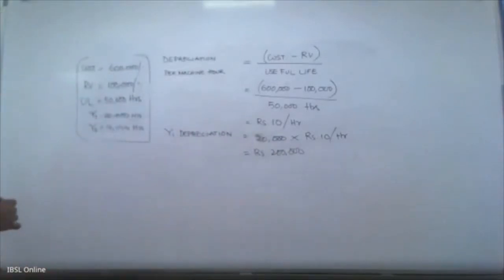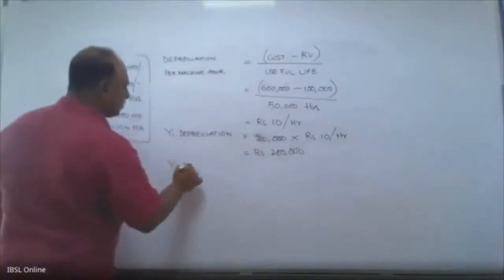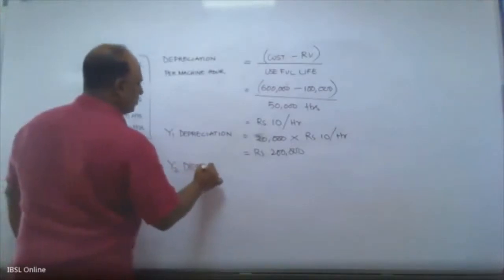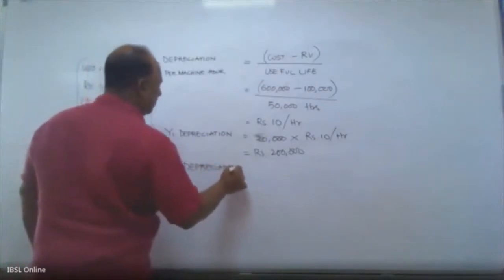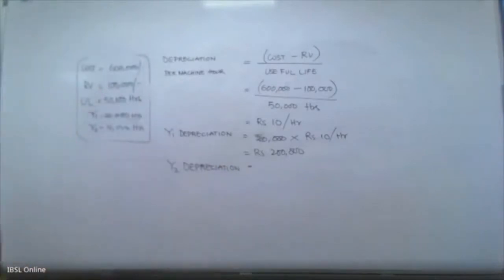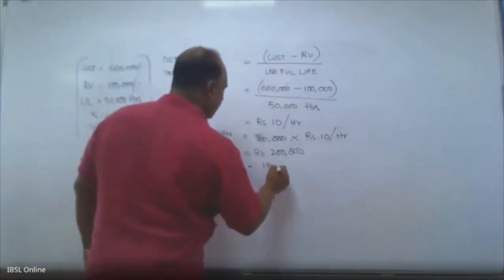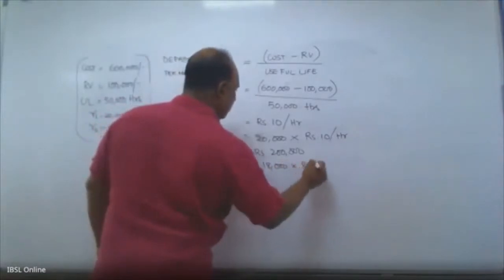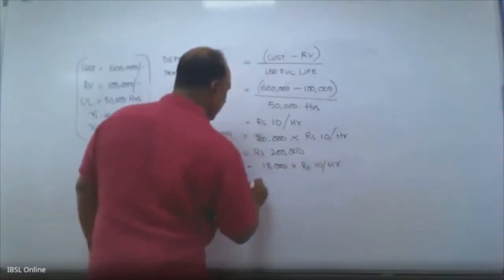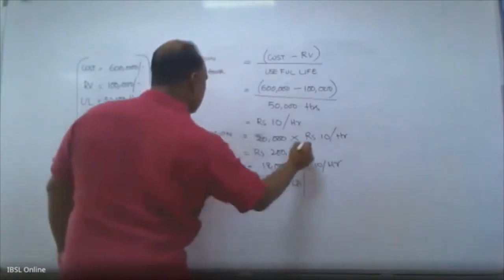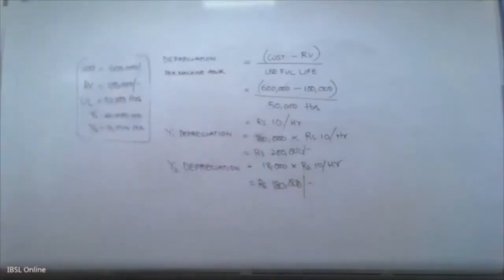Then when you go to year two depreciation, it will be 18,000 hours into rupees 10 per hour, which will give you rupees 180,000. So simple as that. The machine hour rate method is very straightforward and very simple, but the problem is you can't use it everywhere. That you have to remember.